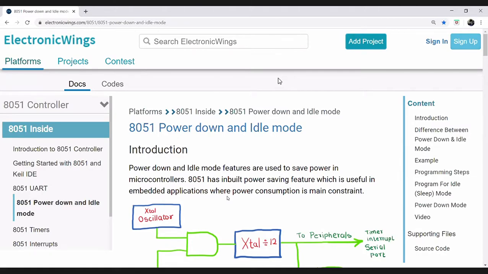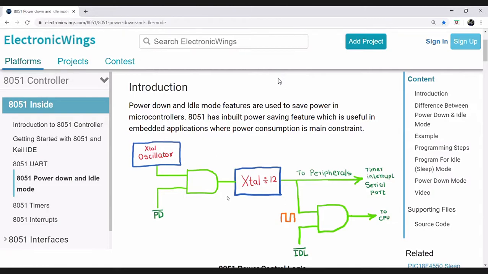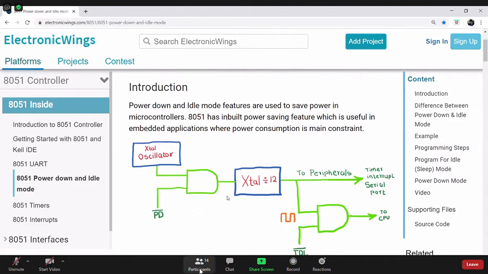So this is a very special feature or function of 8051 in order to enhance power efficiency, in order to save power.